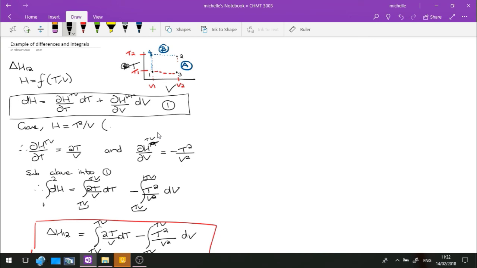So this was an example of a system that follows that function. Okay, so it has that particular shape, but you know you have an H-T-V space, or whichever axis you look on, and in that TV space you will be able to find your delta H. And that is the beauty of differentials and integrals and how exact functions come into play.